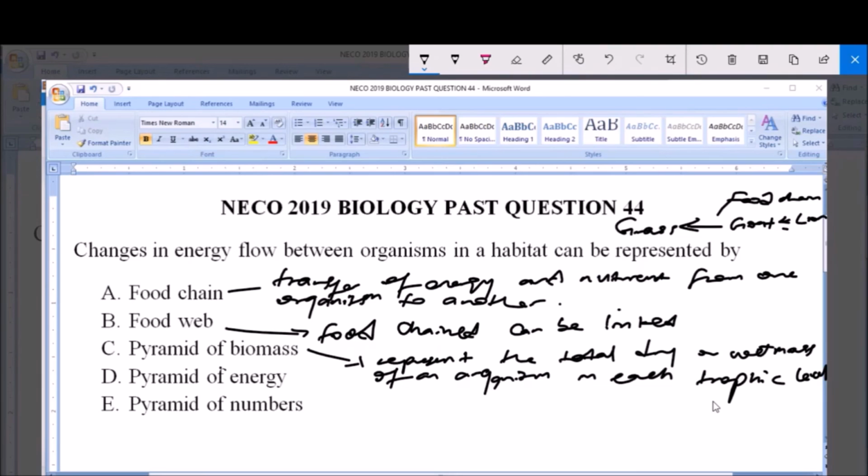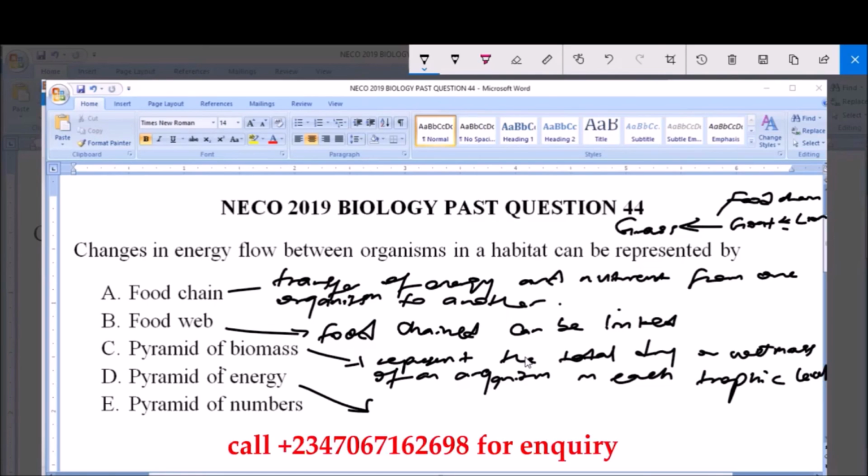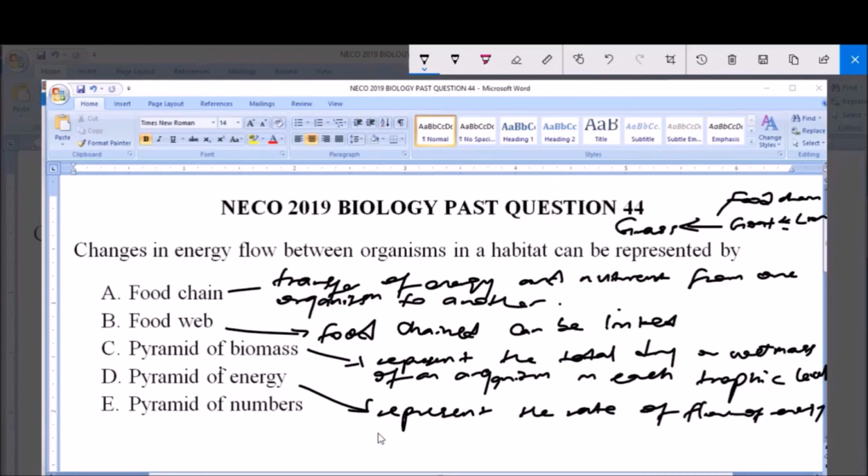Now pyramid of energy actually represents the rates of flow of food energy through each trophic level in a food chain.